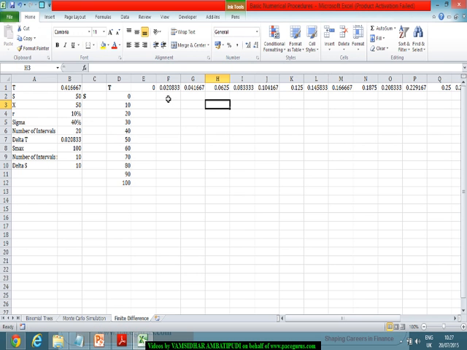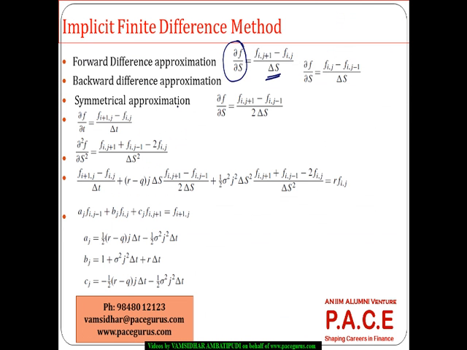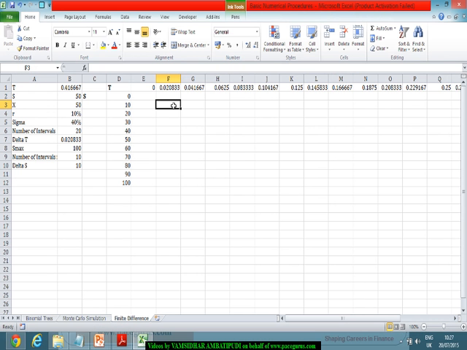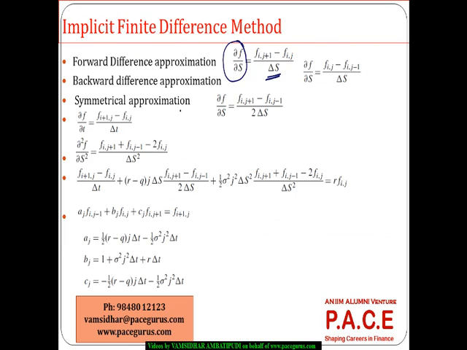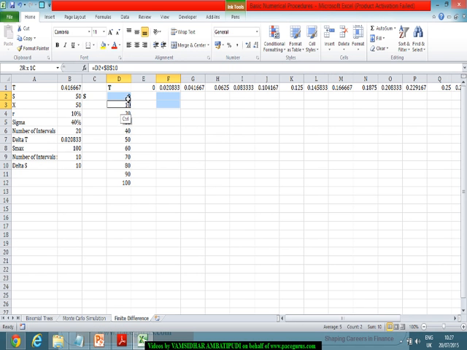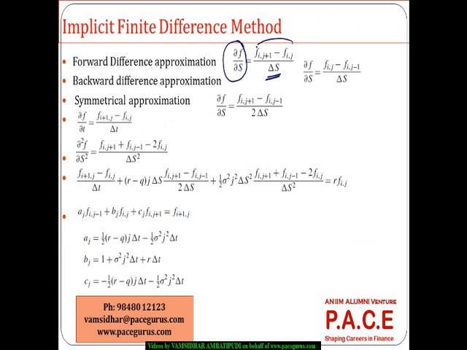So the difference in the values between these two, divided by delta s, which is this. This is what is coming out as dou f by dou s.